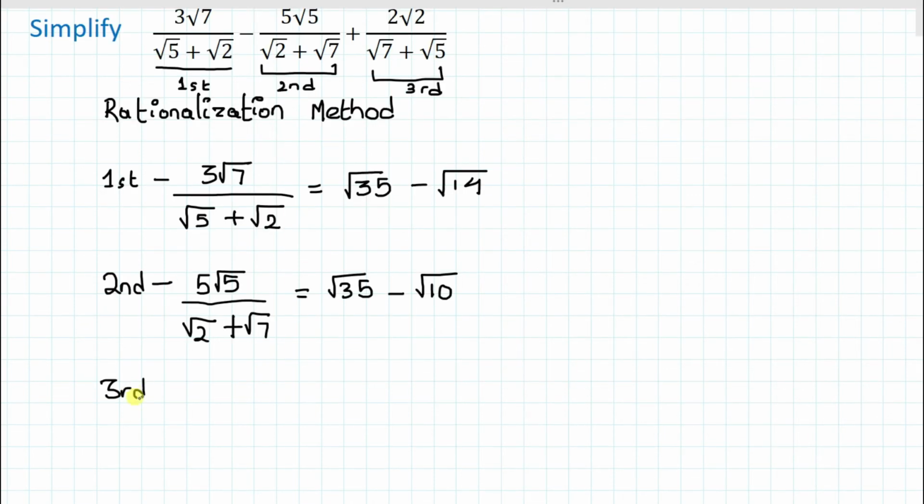Then the same rationalization method I will apply in the third term also. This one is the third term.